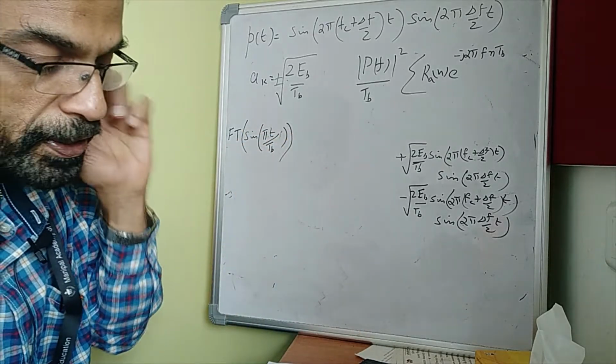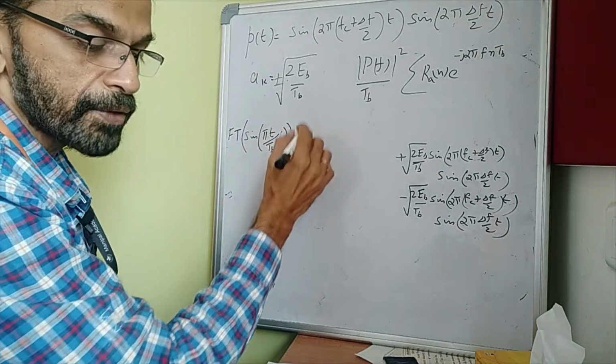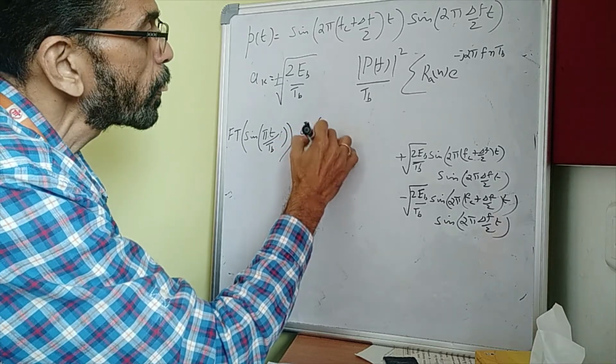With delta f as 1 by Tb, the Fourier transform of this is equal to cos(pi f Tb) e^(-j pi f Tb) divided by 2 pi Tb (1/(4Tb^2) - f^2). Please calculate and verify, and if there are any mistakes, you can bring it to my notice.